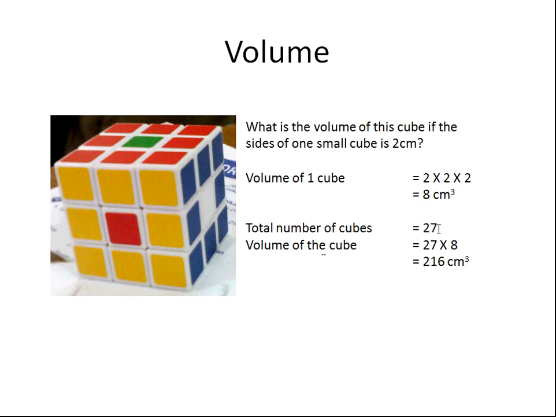Since there are 27 small cubes, you count 1, 2, 3, 4, 5, 6, 7, 8, 9 in one level, and there are 3 levels. So altogether, I must have 27 small cubes. And the volume of the big cube will be 27 times 8, which is equal to 216 cubic centimeters.